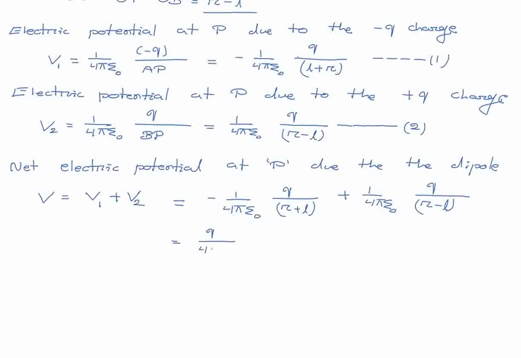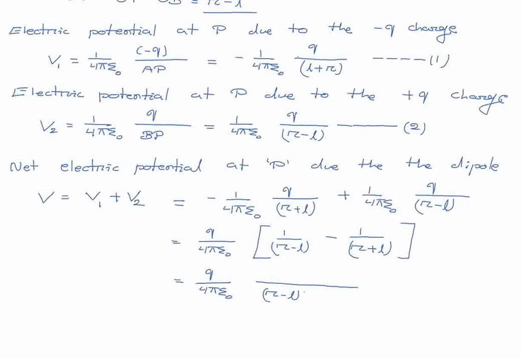Q divided by 4 pi epsilon naught, 1 divided by r minus L minus 1 divided by r plus L. So this is equal to Q by 4 pi epsilon naught, r minus L into r plus L, the numerator being r plus L minus r minus L. Let us open the bracket.